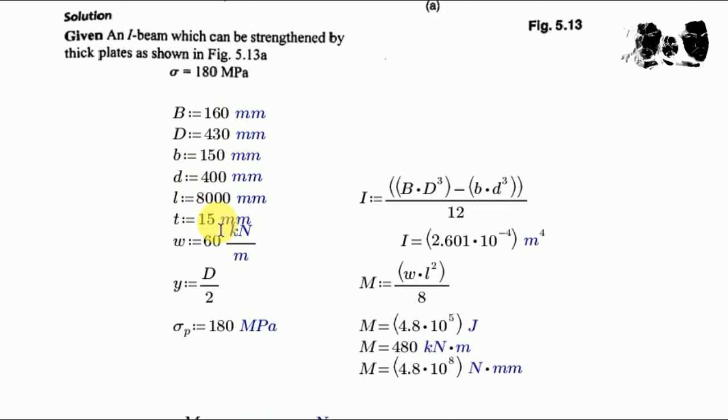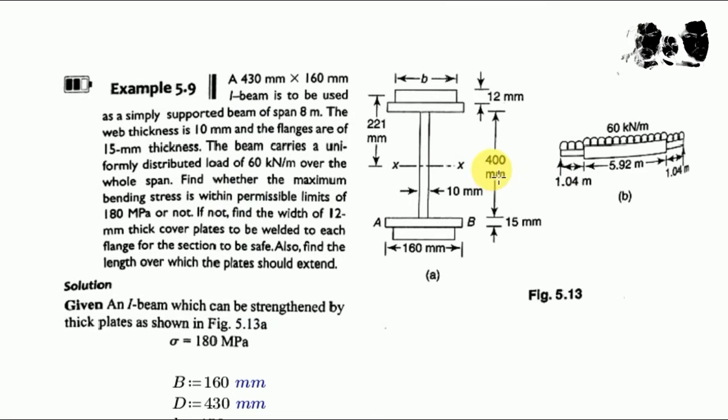We have these parameters given in the question. Capital B is the given width of the I section, capital D is the depth of the I section, small b is the width of the web, and small d is the depth of the web. Web is the middle part and flange is the horizontal part.